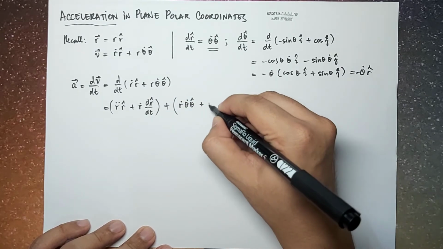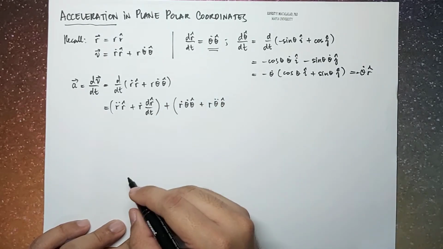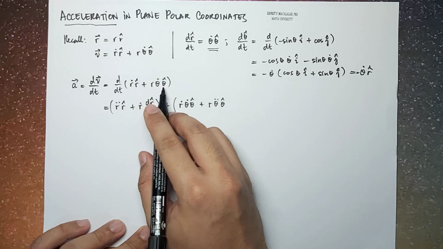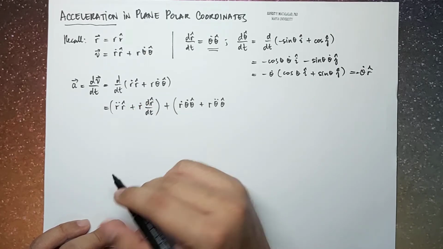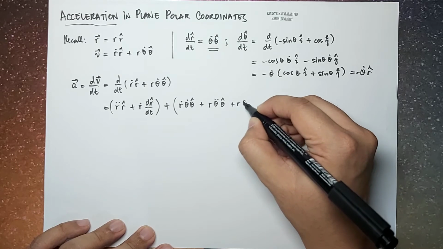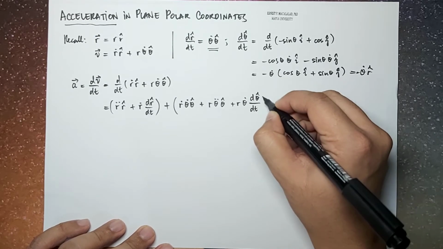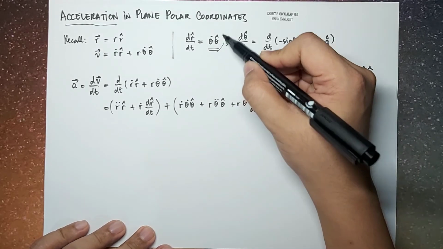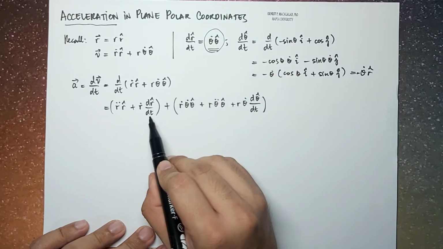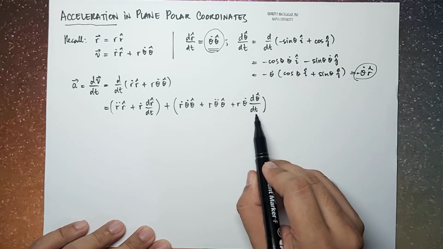So this is r theta double dot theta hat. Then we differentiate the last and copy the first two. So this is plus r theta dot times the derivative of theta hat with respect to time. We already know the derivative of r hat with respect to time and the derivative of theta hat with respect to time.